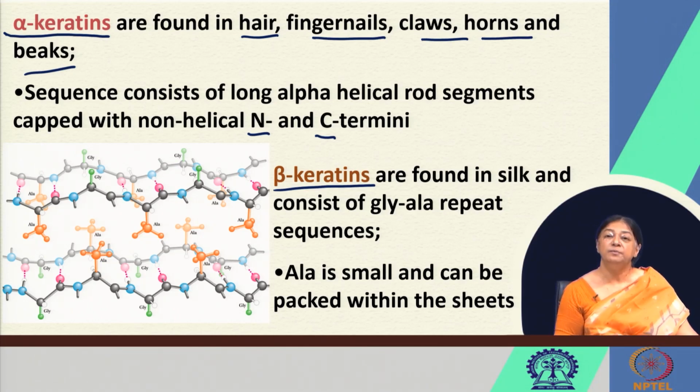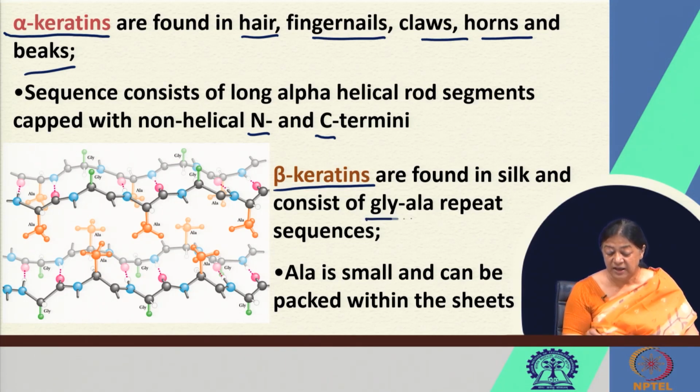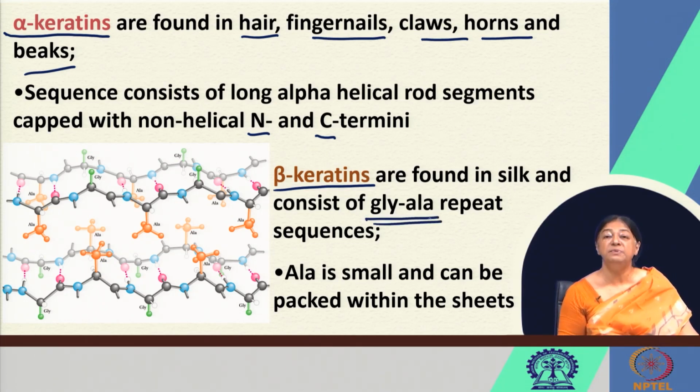They preferably form sheets, and they have glycine-alanine repeat sequences. Now, we know that glycine is the simplest amino acid. The next amino acid that has only CH3 as the side chain is alanine.